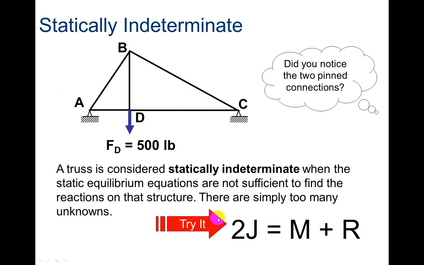So 2 times 4 is 8 equals M plus R, my number of members, 1, 2, 3, 4, 5. So this would be 5 plus R. My number of reaction forces here is 2 and 2, so that's 4. So 5 plus 4 being 9. 9 does not equal 8. In this instance, we would not do the problem, or we would be asked to fix it. How can we fix it?